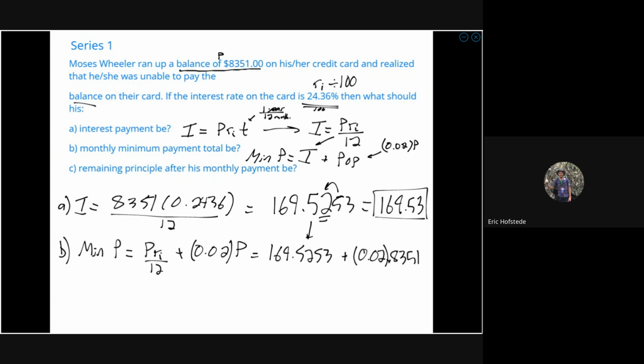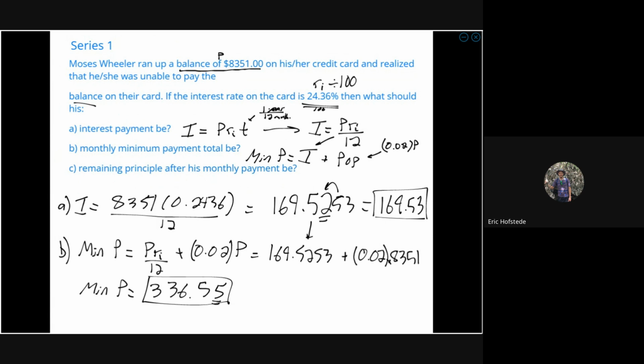Multiply those together and add it to my interest, and I'm going to get a minimum payment amount of, bear with me while I punch this in the calculator, 0.02 times 8351. Minimum payment, therefore, is $336. And again, with the cents, they're always going to round that up. That's going to be 55 cents.